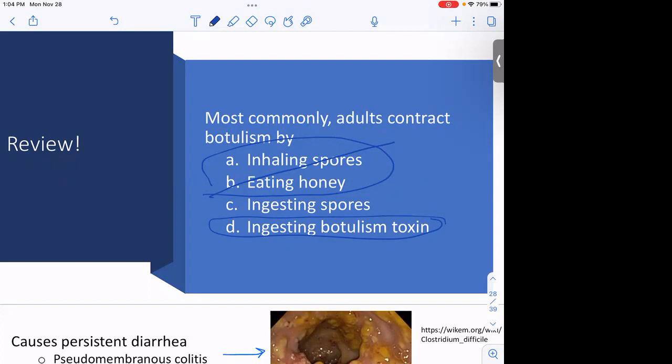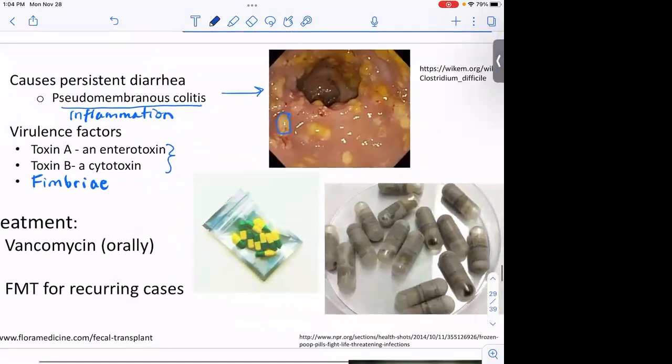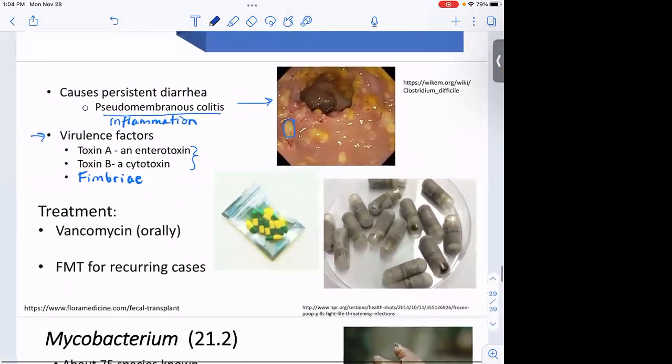Okay, so usually maybe from some food that's been improperly stored, improperly canned, and the organism proliferates and makes the toxin. The toxin will persist in the can long after the organism dies.